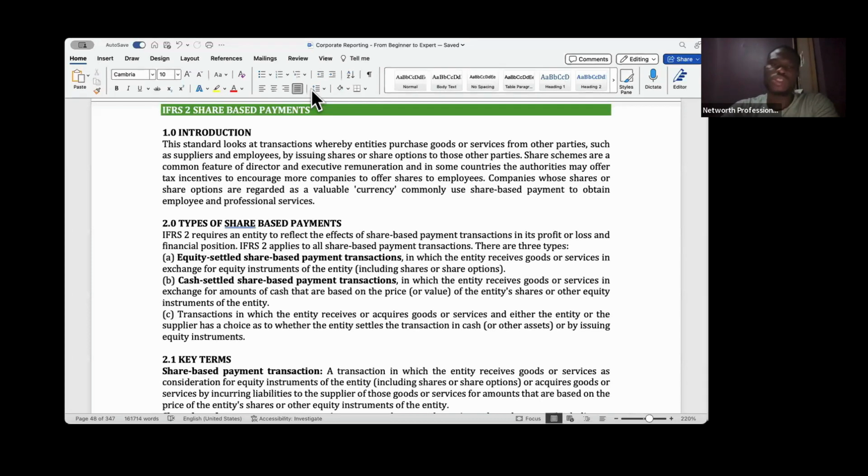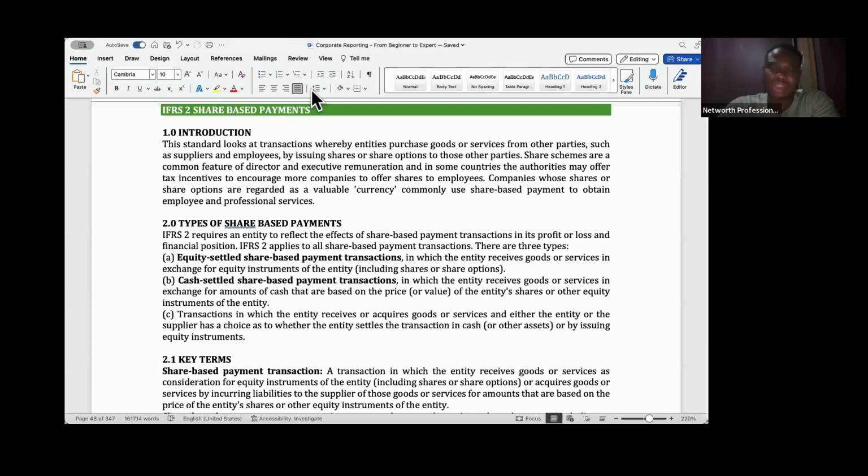The first one, the equity settled share-based payment, the entity receives goods or services, and the consideration they pay for those goods or services is their equity instrument. And I'm sure you will remember that when I mentioned equity instrument, I said these are shares and share option.